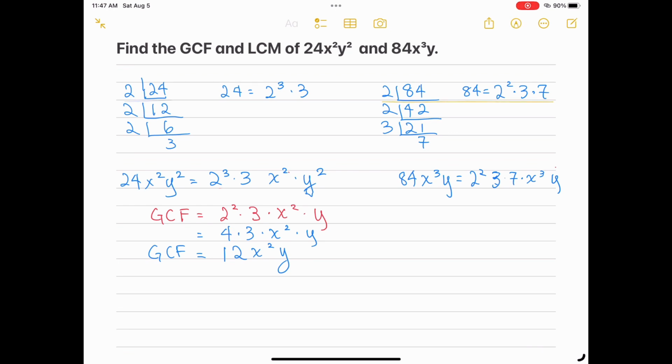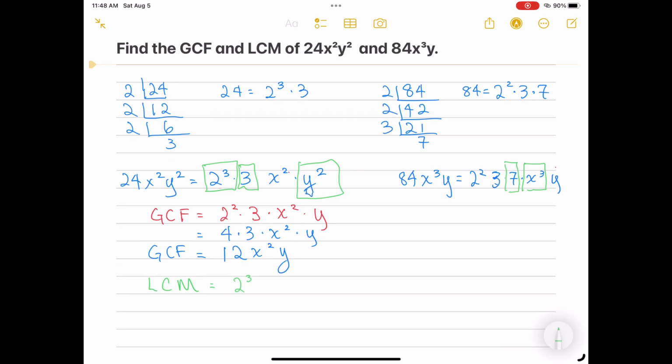To find the least common multiple, we find the highest power of each factor that occurs in any of the factorizations, and the product of these highest powers is the least common multiple. So that would be 2 cubed times 3 times 7 times x cubed times y squared.